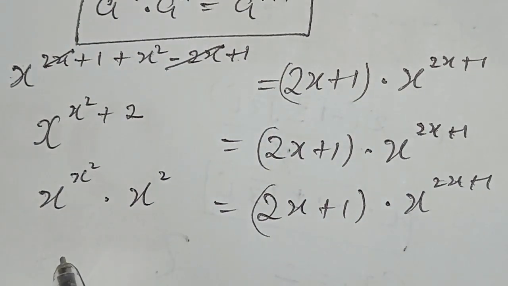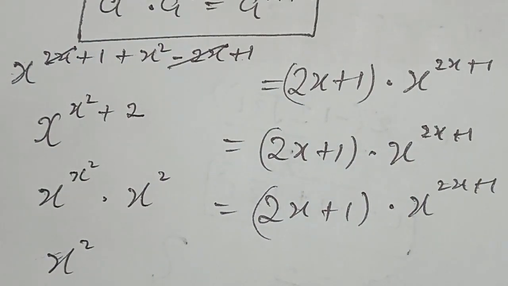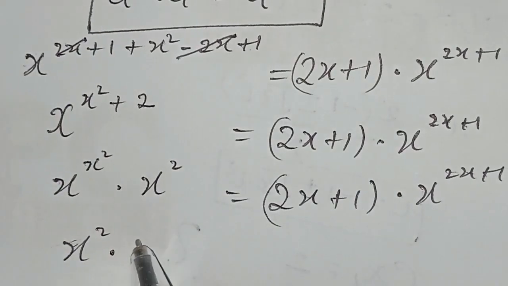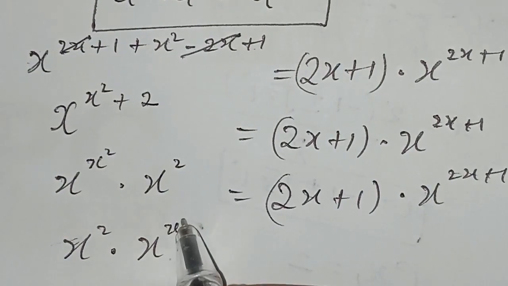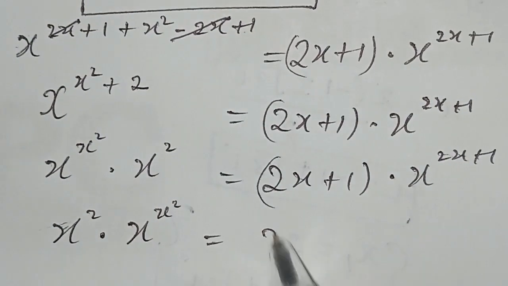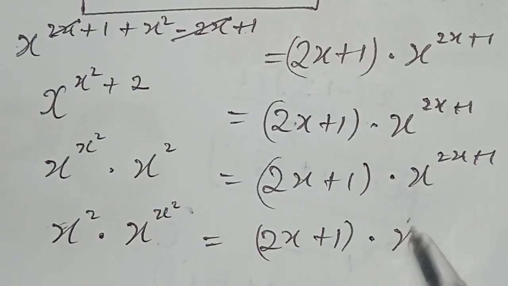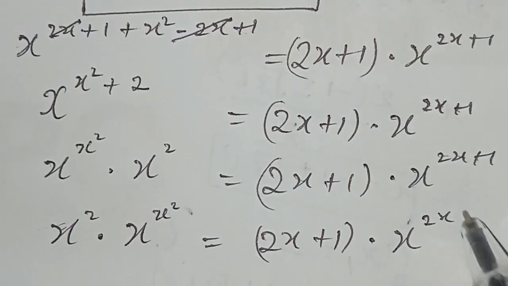Then this gives us x to the power of 2 multiplied by x to the power of x squared, which is equal to 2x plus 1 in brackets multiplied by x to the power of 2x plus 1.